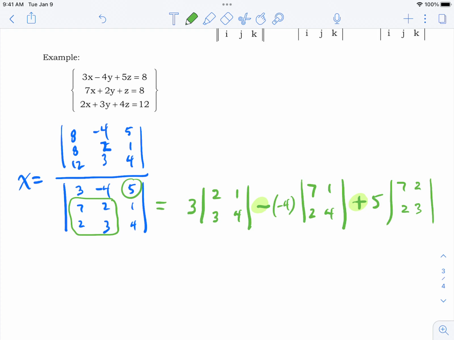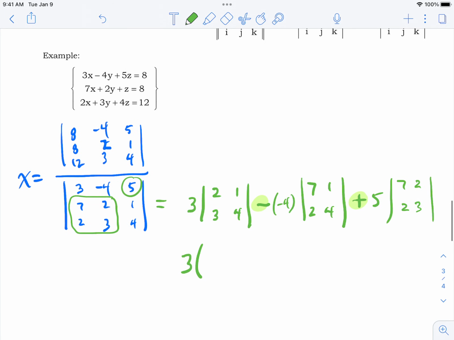So there, that 3 by 3 determinant is evaluated by basically putting together a string of 3 different 2 by 2s. Now the good news is 2 by 2s aren't so bad. So I got a 3 times, and let's just see if we can kind of do this in our heads more or less. 8 take away 3, right?